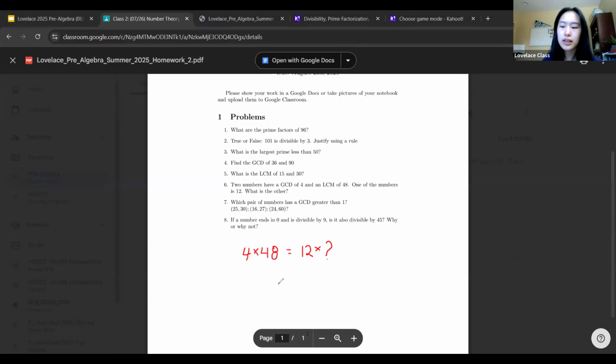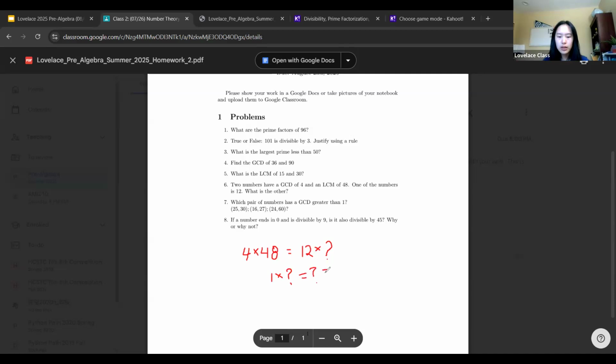I'm assuming you guys know how to do something like this, where if you have 12 times a number equals 4 times 48, then in order to find this number, you would divide both sides by 12, right? Because then you would have 1 times some number, which just equals that number.